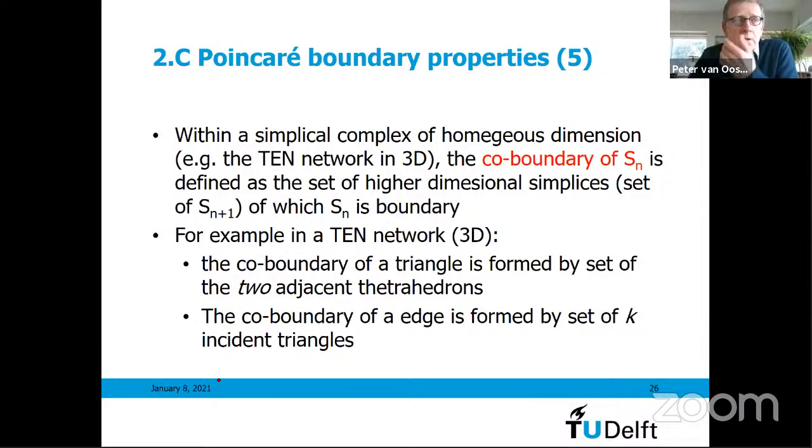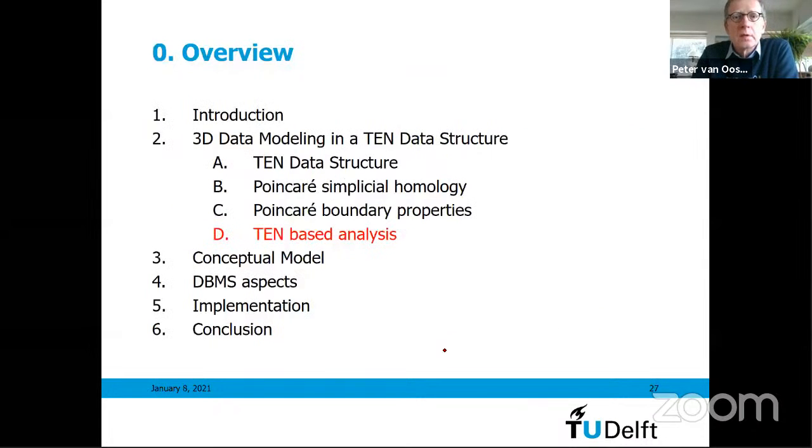If we look at the co-boundary of the edges in the same network, the tetrahedral network, then we will see that an edge has an arbitrary number of triangles associated. And that is then a bit more challenging. It's not a fixed number. And so we say it's k triangles, depending on the configuration. So these are the foundations of Poincaré's theory.